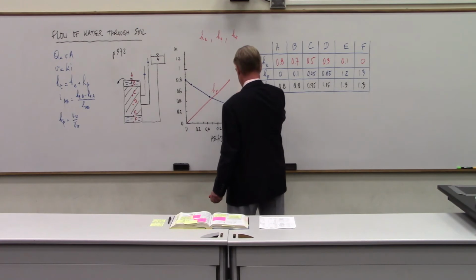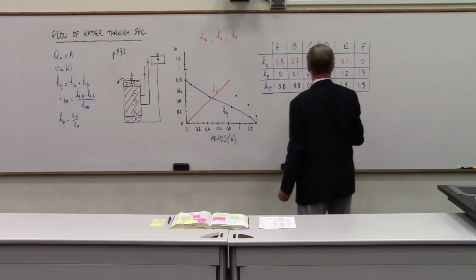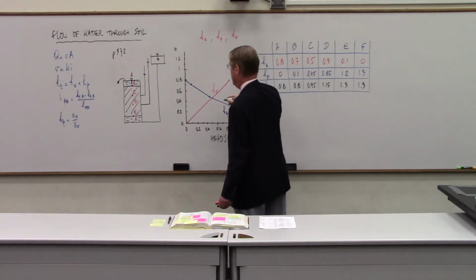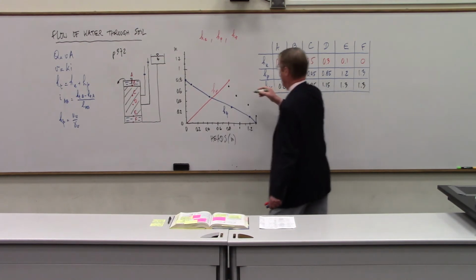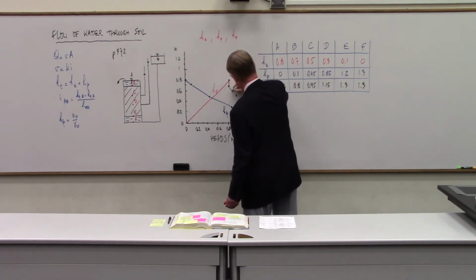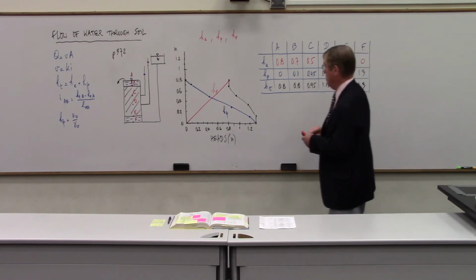So 0.95 is right here. At B, where is B? 0.8. B was at 0.7, and I've got 0.8 right here. And then at A, I have 0.8 as well. Okay? So that's the diagram of the total head.